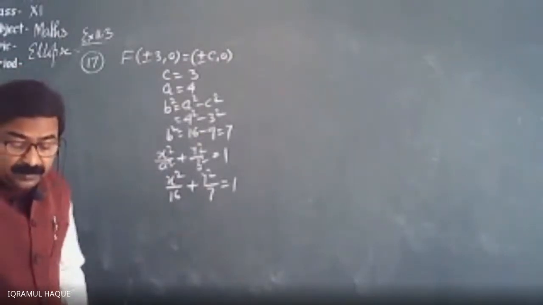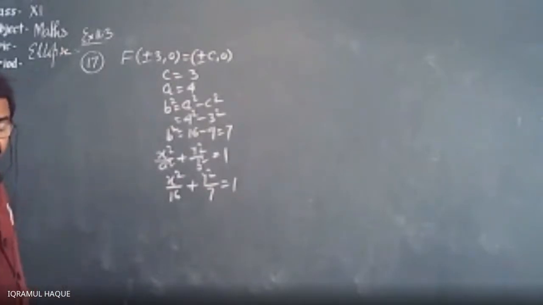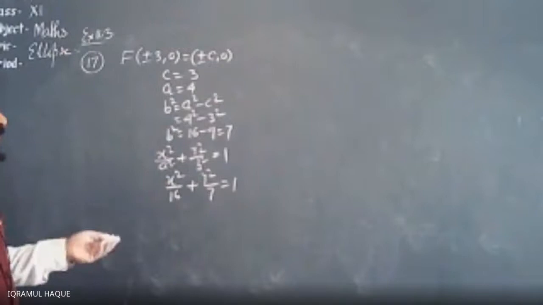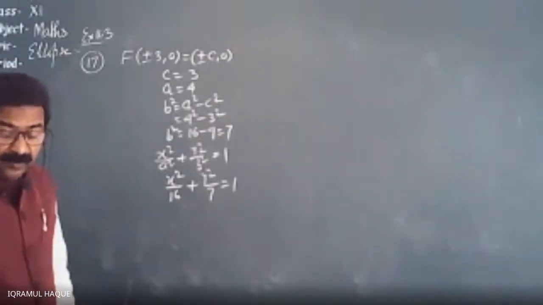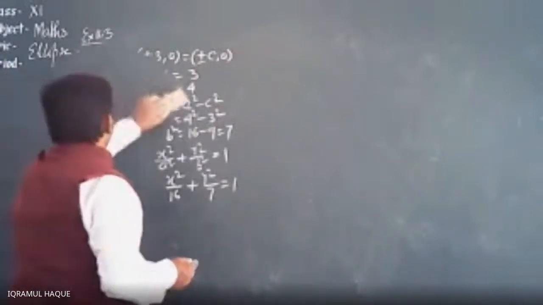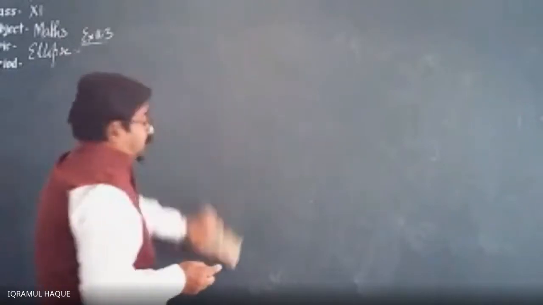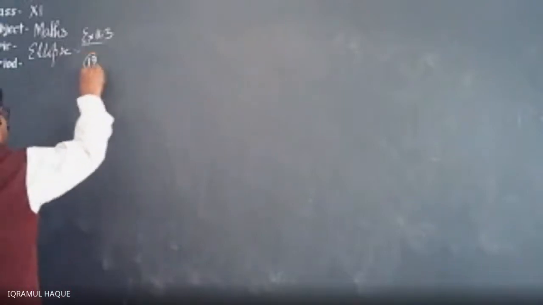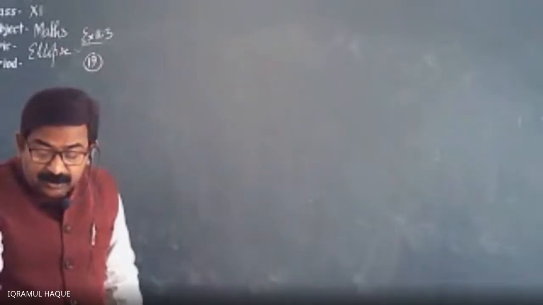Question number 18 is a simple question. b is given, c is given. Find a and then the equation. I am solving question number 19. Nineteenth question. Center at 0, 0.